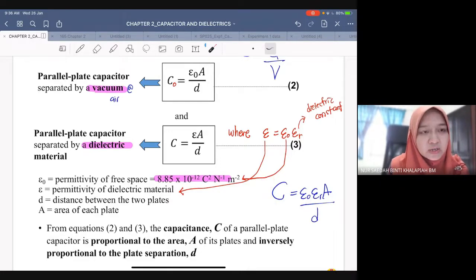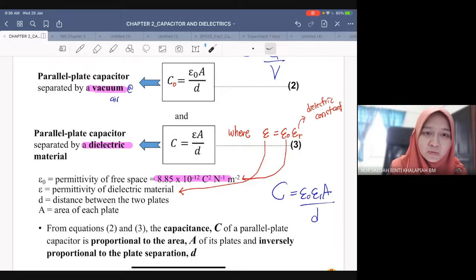So that is a function when we put the dielectrics because we want to increase the capacitance of the capacitor. So simply by putting dielectrics in between two plates of capacitor, kita boleh increasekan nilai capacitance of that capacitor. So that is the function why we put dielectrics in between of capacitor kita.